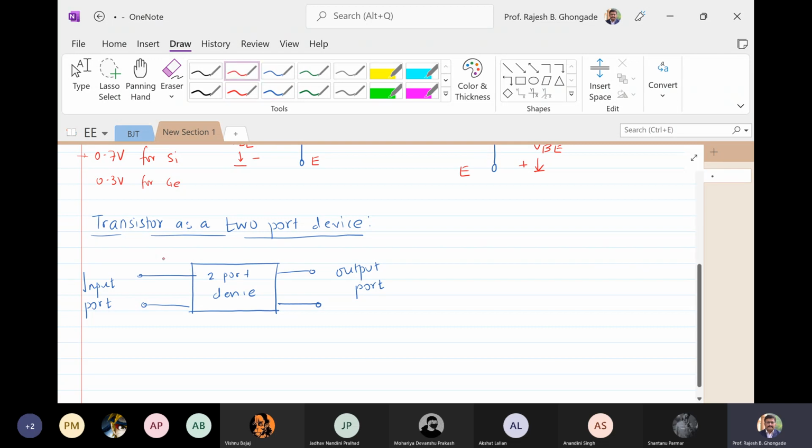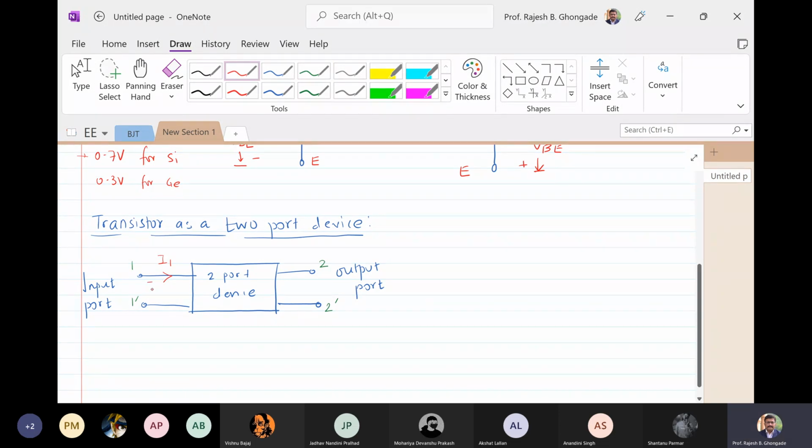Look at the current directions now. The current direction will be I1. I will call this port, let us say, 1 1 dash, and this 2 2 dash. So it is a two-port network. Any circuit that you take, you have this kind of representation. If you look at the current direction, this is I1.